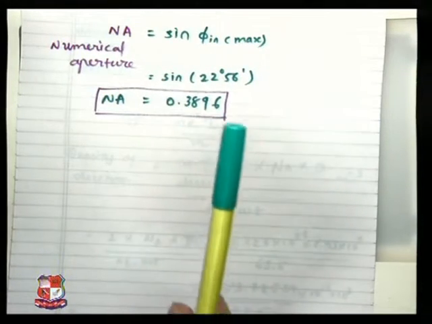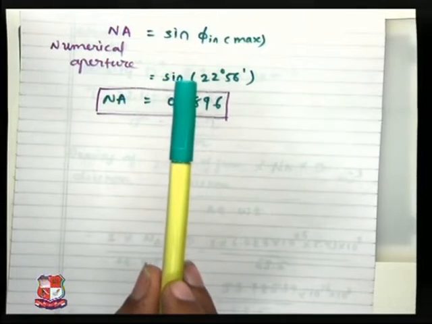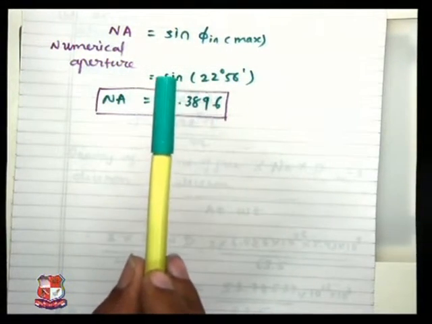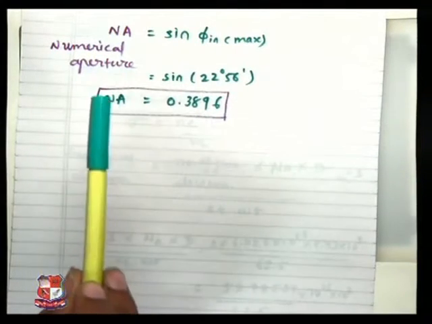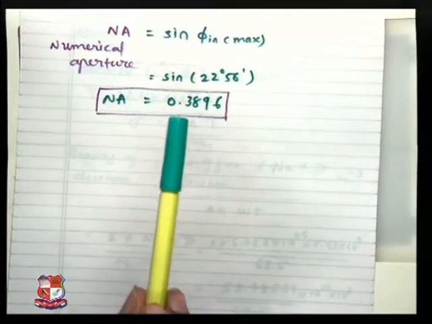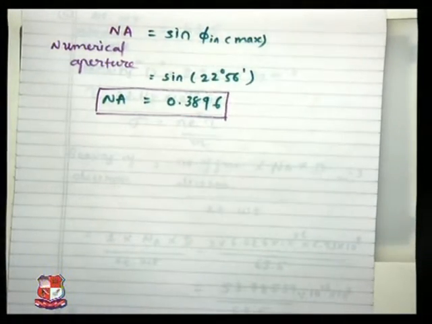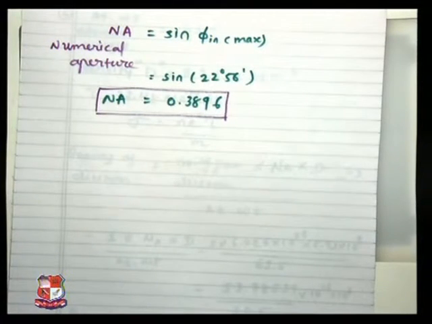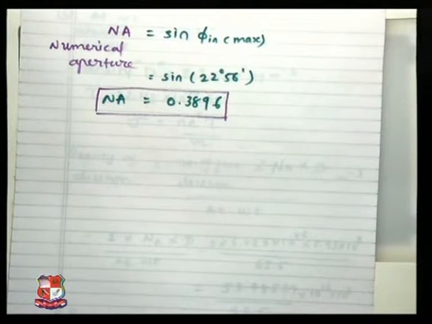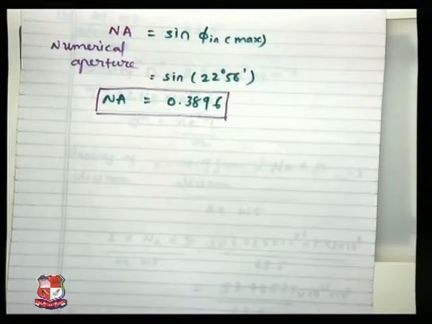We just substitute the value of phi in maximum and get the value of its sine. By doing so, you obtain the value of numerical aperture, that is 0.3896. So in this manner we have calculated the critical angle, the acceptance angle, and the numerical aperture.